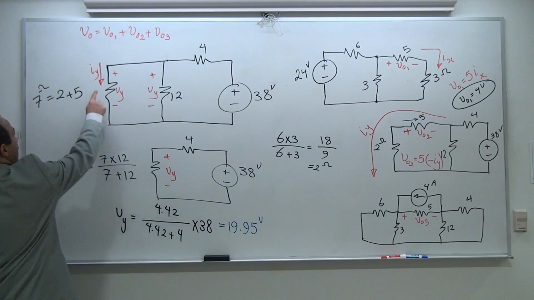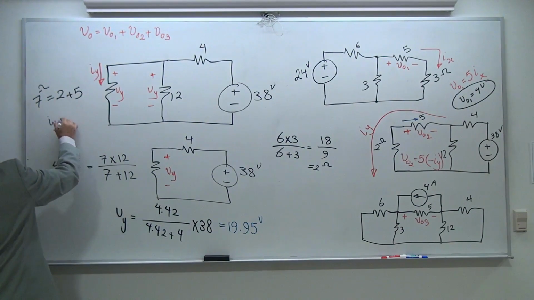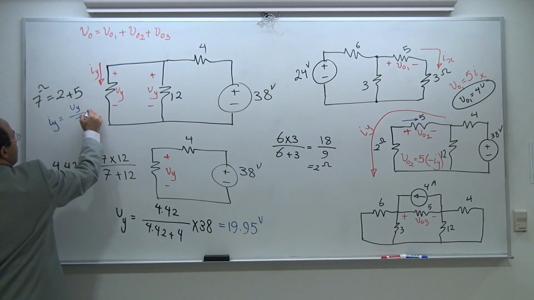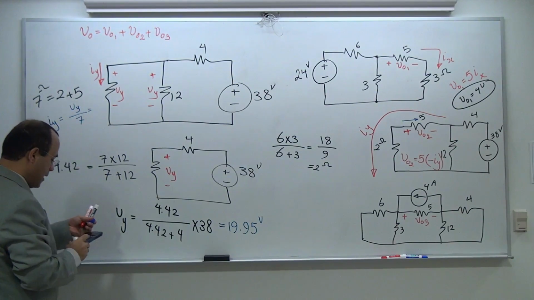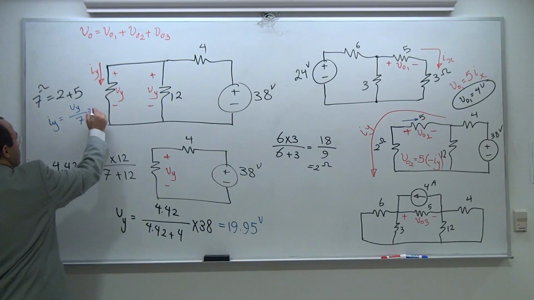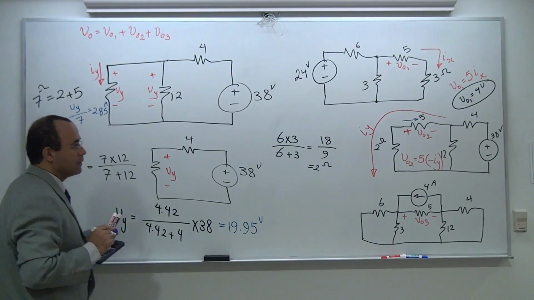You found the Vy. How much is Iy? Iy is equal to the Vy divided by 7 ohm. Vy is 19.95 divided by 7, 2.85. That's going to be amp.